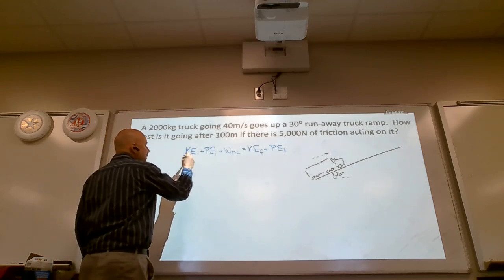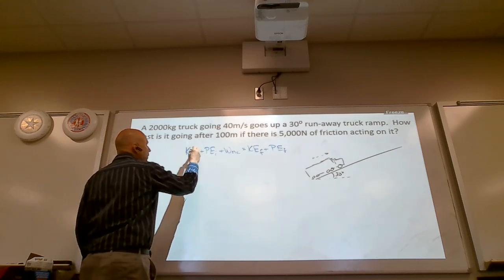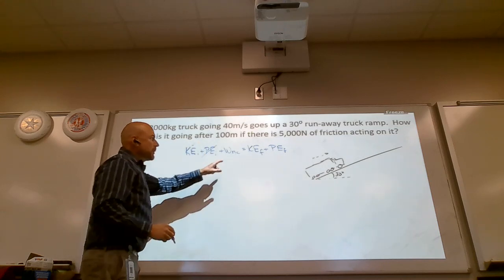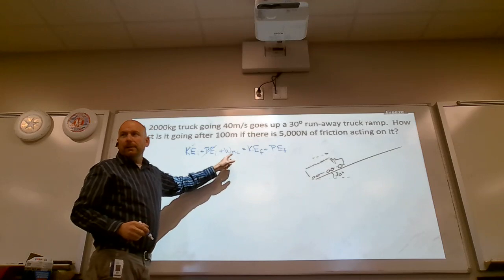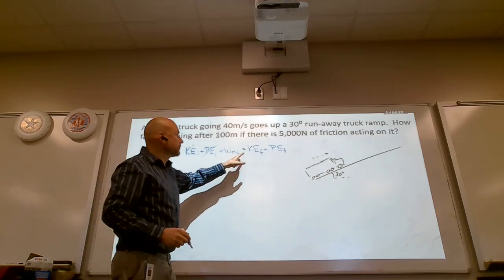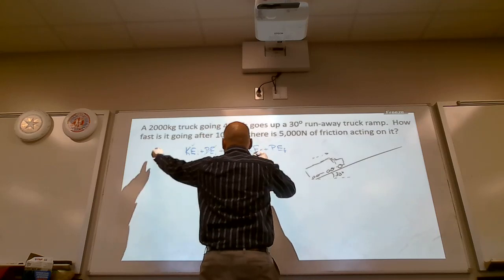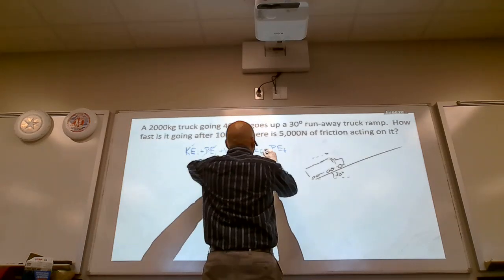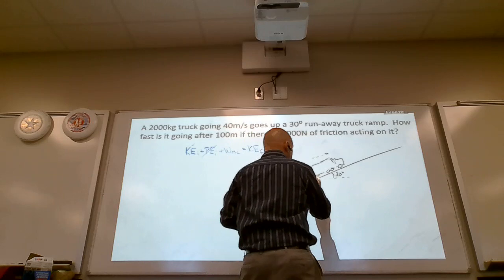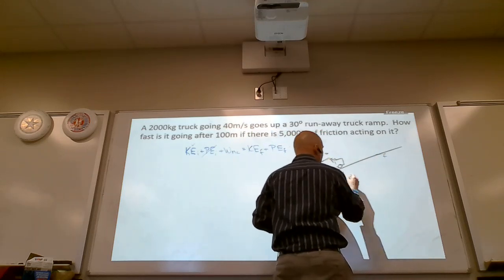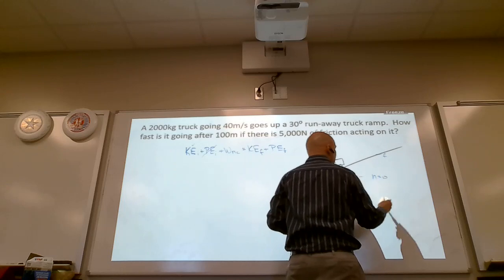All right, so initially you are moving. You're at ground zero. There is work being done by a non-conservative force. You are moving. You're saying how fast, and you are above ground zero. We're going to say initial, final. Just my ground zero.